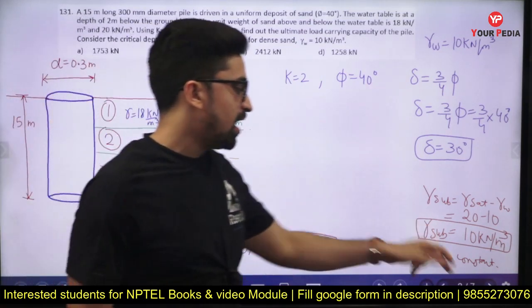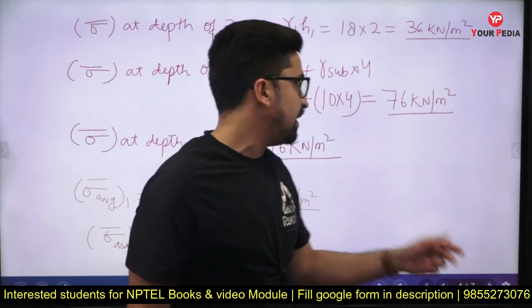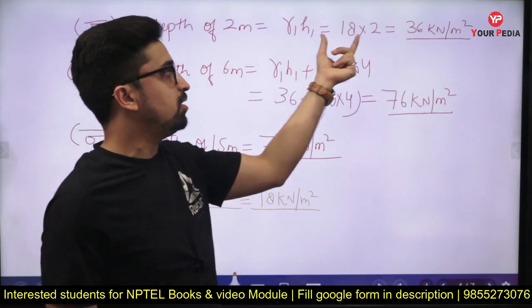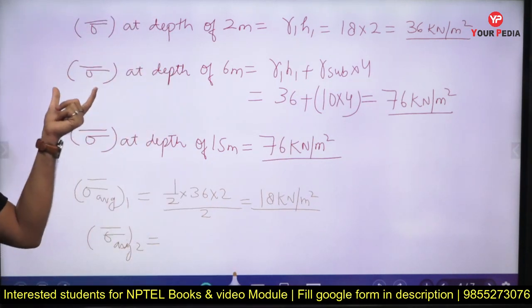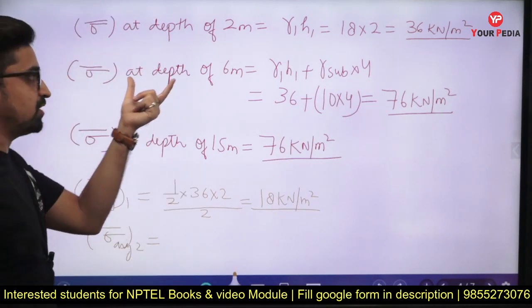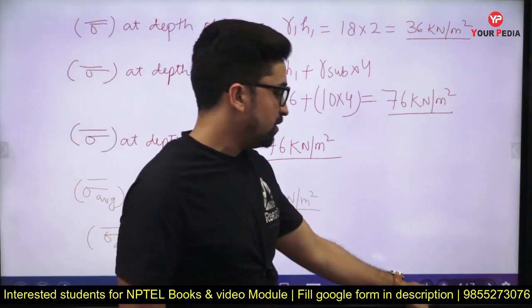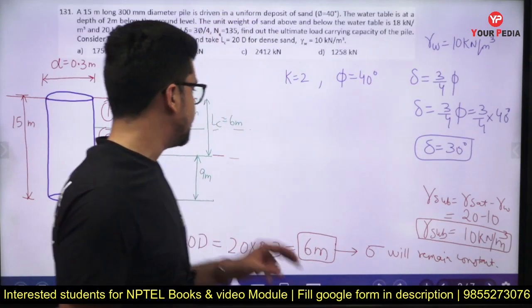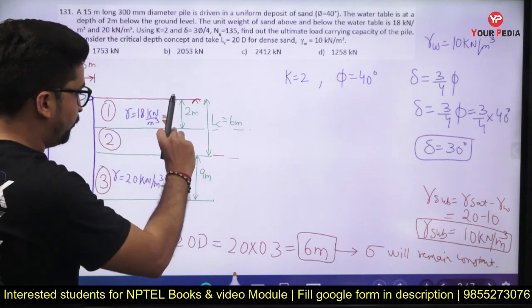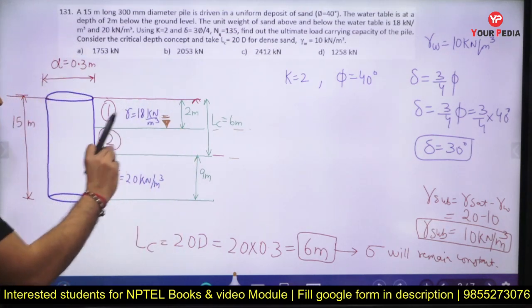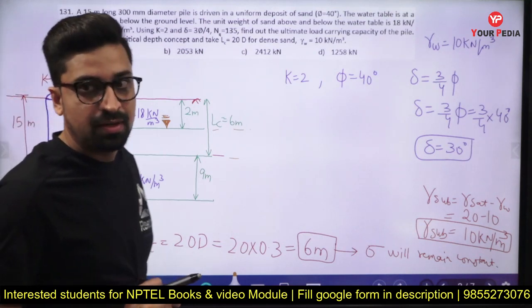So our sigma bar at a depth of 2 meter will become 18 into 2, which is 36 kilonewton per meter square. Similarly we can find sigma bar at a depth of 6 meter. This is the most important region, because the upper 2 meter will be dry soil and from depth 2 meter to 6 meter it will be soil in the submerged condition.